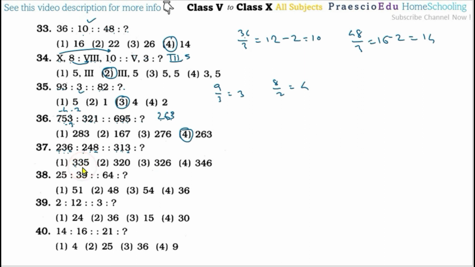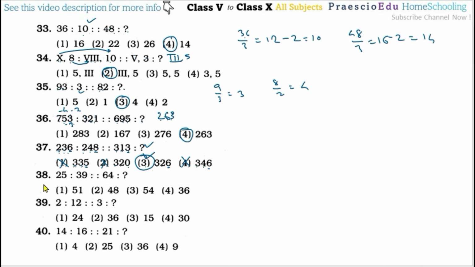So the first two digits and their multiplication should be the last one. So 3 multiplied by 3 is a 9, but here 5 is mentioned. So option number 1 is not. Then 3 multiplied by 2 is a 6, but here the 0 is mentioned. So option number 2 also not. Then option number 3, 3 multiplied by 2 is a 6 and here 6 is mentioned. So option number 3 is the correct one. Then 3 multiplied by 4 is a 12, but here the 6 is mentioned. So option number 4 also is not. So option number 3 is the correct one, which fits the question mark.